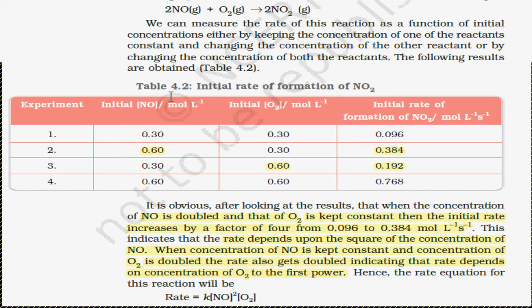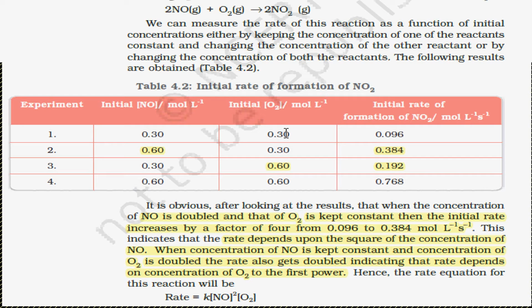The results are given in table 4.2, initial rate of formation of NO2. Over here, experiments 1, 2, 3, 4, initial concentration of NO, initial concentration of O2 and initial rate of formation of NO2. Initially we have taken the concentration of one reactant, NO, as 0.30 mole per liter.